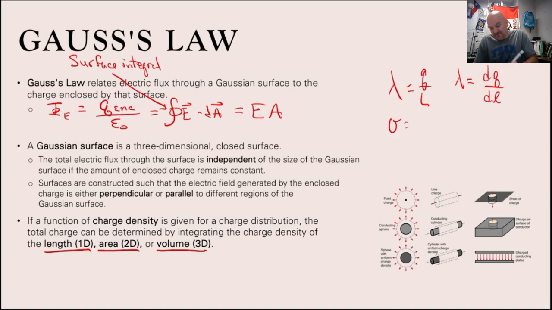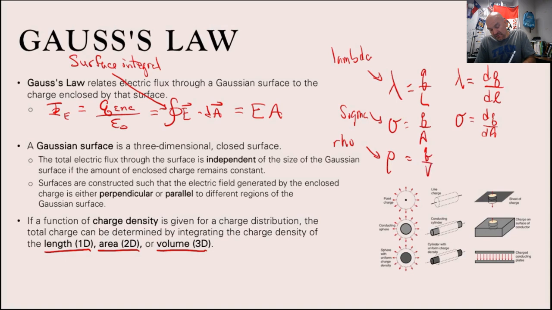And then you have the surface area, and basically all you're switching out is the L for an A. So this is sigma, that's dq over dA. And then the volume is rho, which is charge per volume.